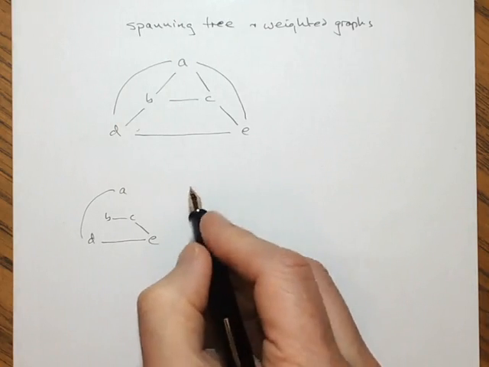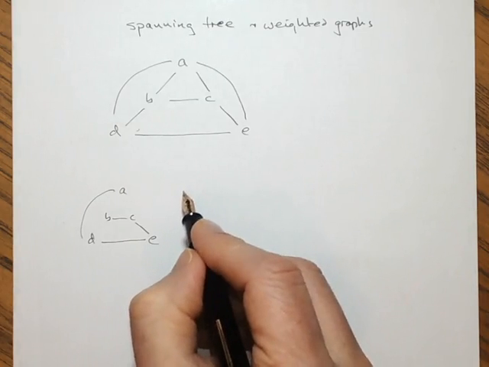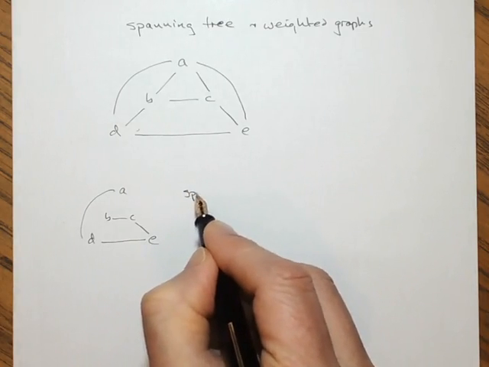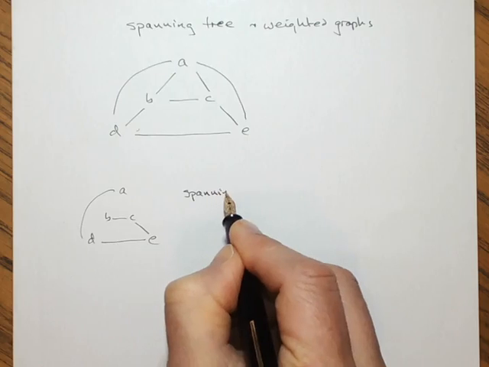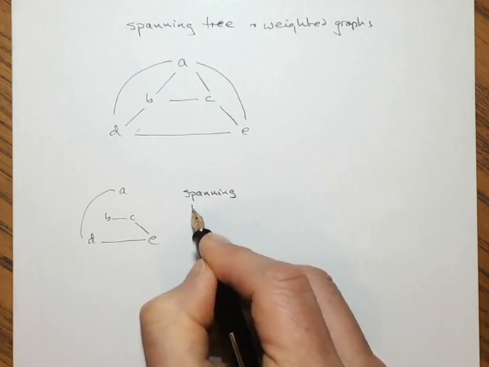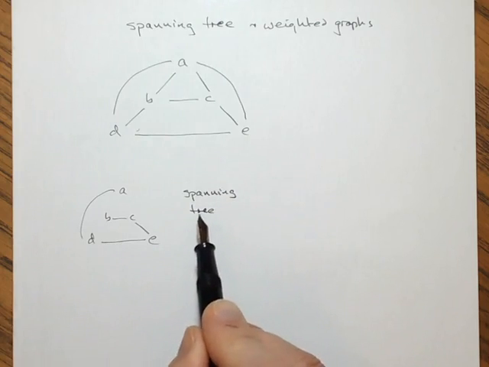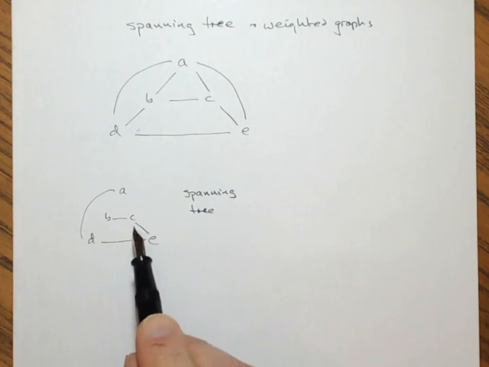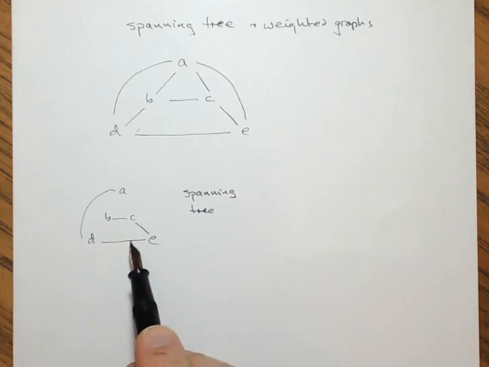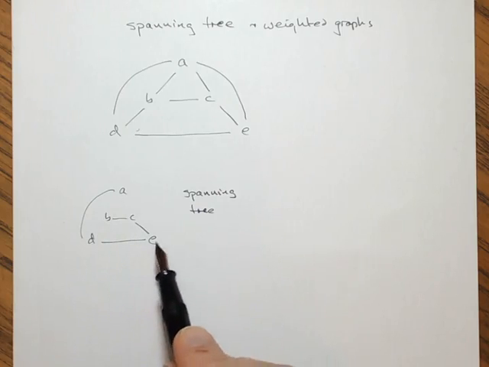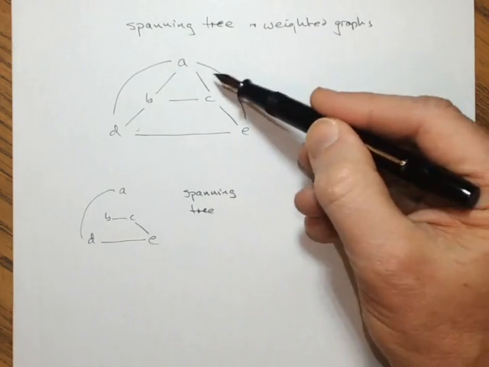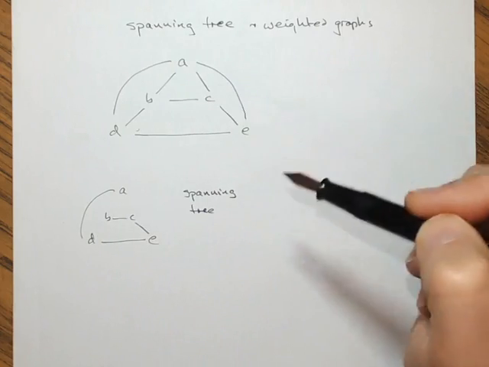This sort of thing is called a spanning tree. And you can see that this idea of trees having only one path between any pair of vertices means that there's absolutely no redundancy. Here there are lots of paths between vertices, so lots of redundancy.